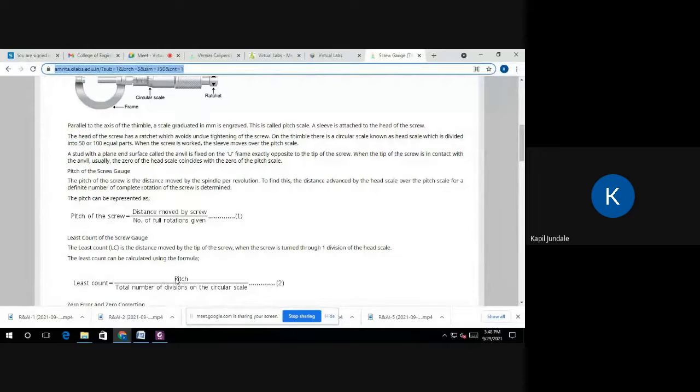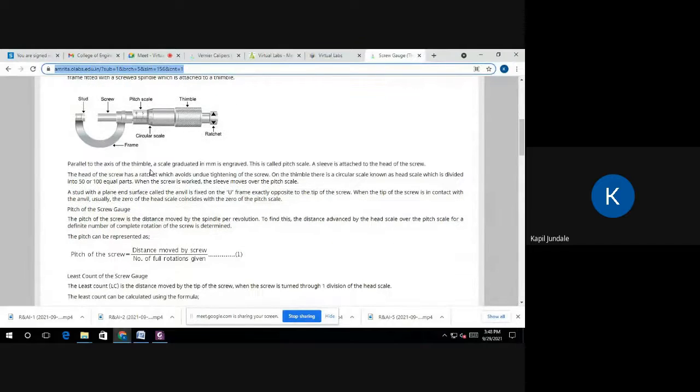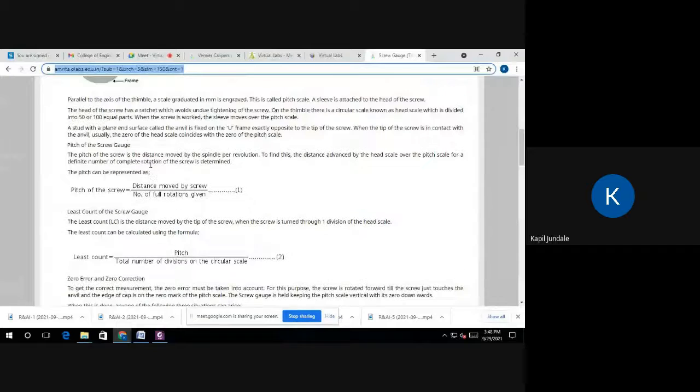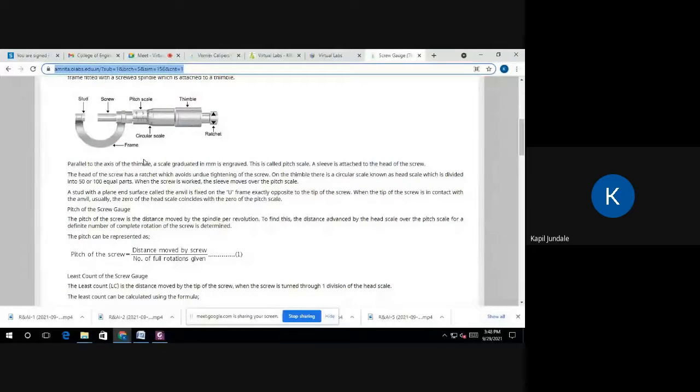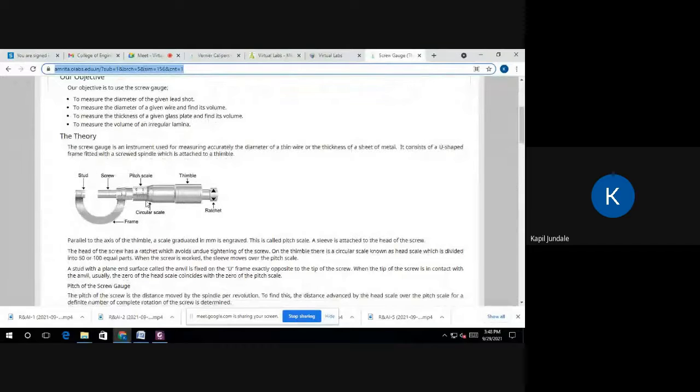Pitch divided by the total number of divisions on the circular scale. The pitch is the smallest division on the main scale, meaning the horizontal scale. Divided by the number of divisions on the circular scale. Least count means the smallest division you can measure with the help of this micrometer.